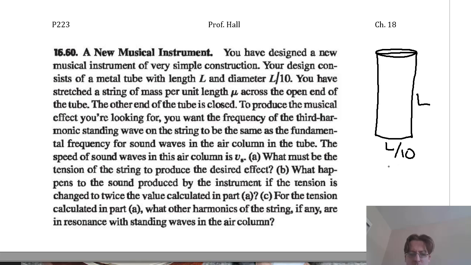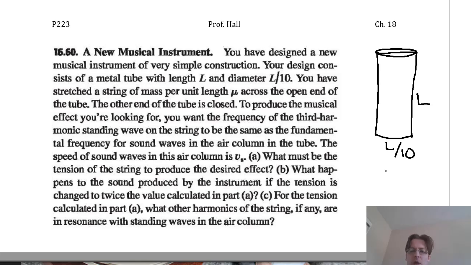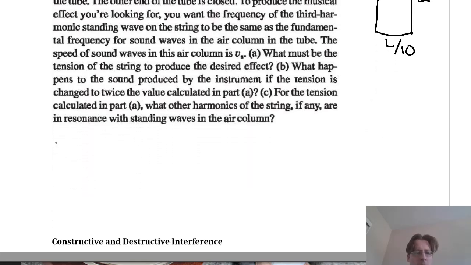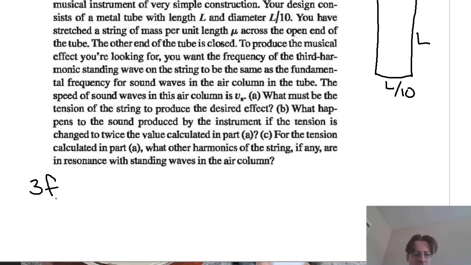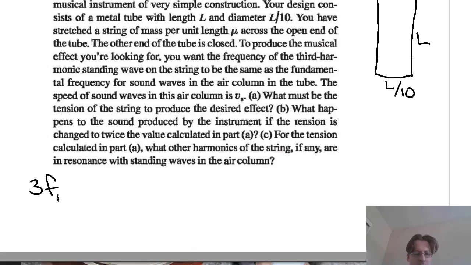Okay, let's put that in equation form, and we want to find what must be the tension of the string to produce that effect. So we want the third harmonic of the string to match the fundamental of the tube. That means we want 3 times the fundamental for the string. Let me call that F1.